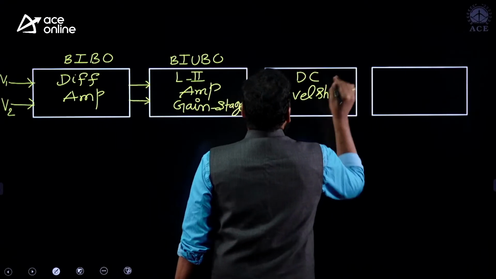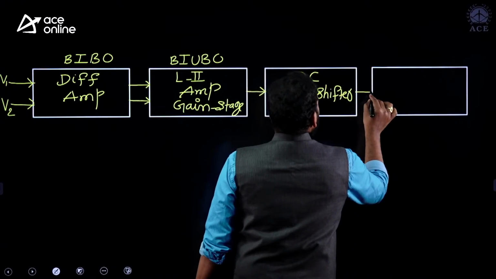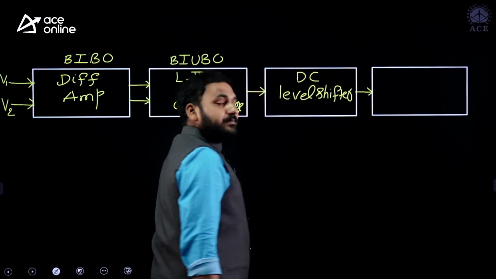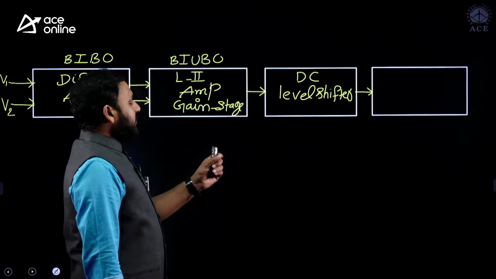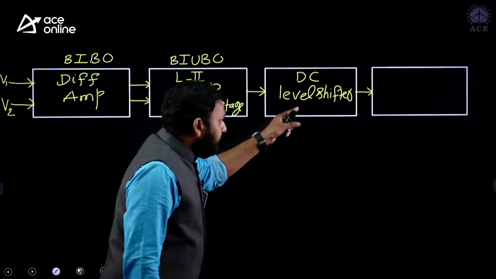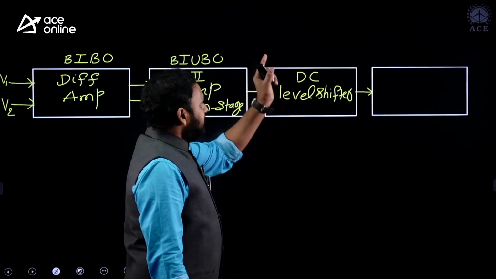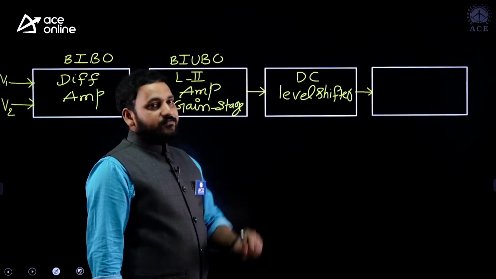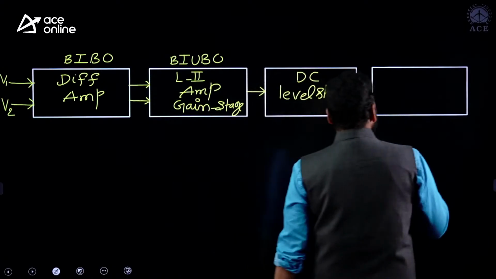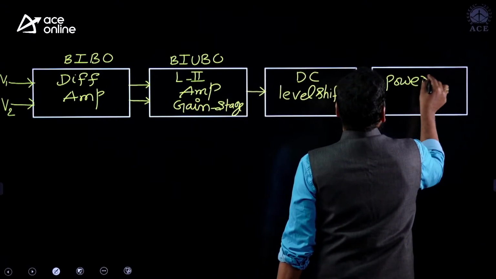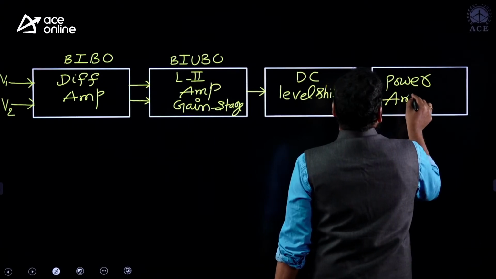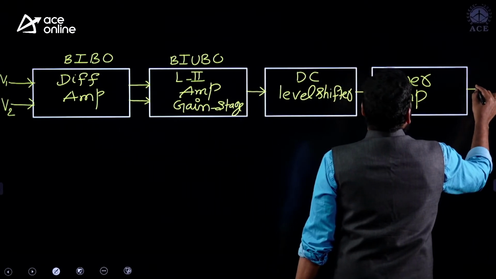This was a question found multiple times in electrical papers. What is the block number 3? Students may probably give the wrong answer. Level 3 amplifier, it's wrong. Third block is a DC level shifter. And the last block is buffer stage or a power amplifier.